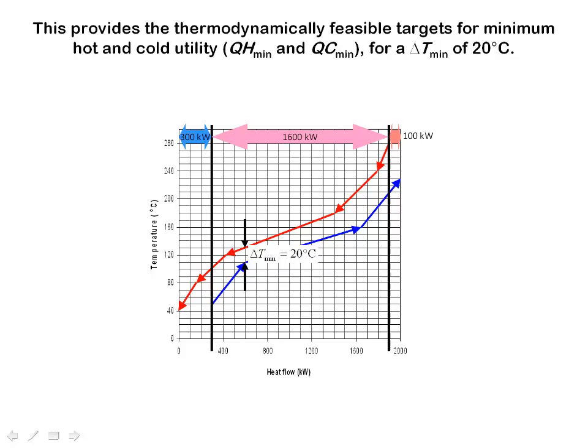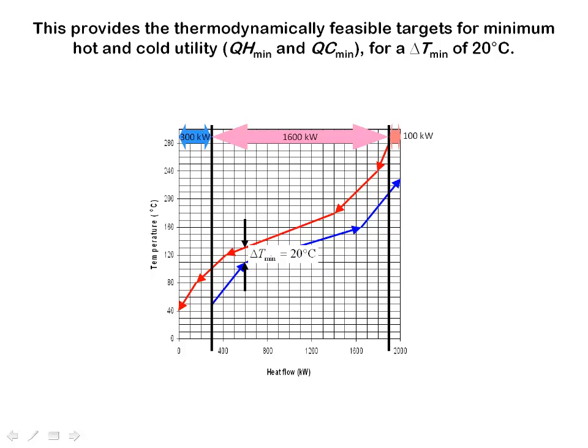So this indicates the thermodynamically feasible targets for minimum hot and cold utility, which we call QH min, the target for minimum hot utility, and QC min, the target for minimum cold utility. And we're saying this is thermodynamically feasible.